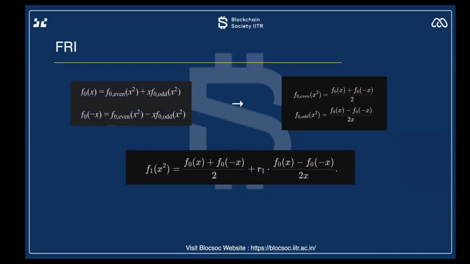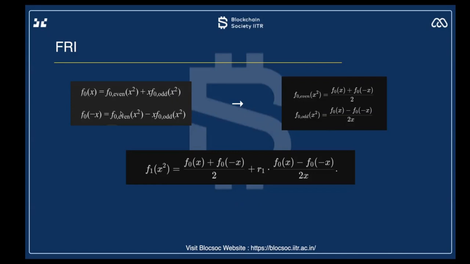Let's see. This was the polynomial that the prover had to prove the bound on. We saw that we can represent it in the form of f of even plus x into f of odd. Now if you substitute x equal to minus x here, then you will get this equation. If you rearrange these equations, you will get the expressions of f of even and f of odd in terms of the original polynomial.